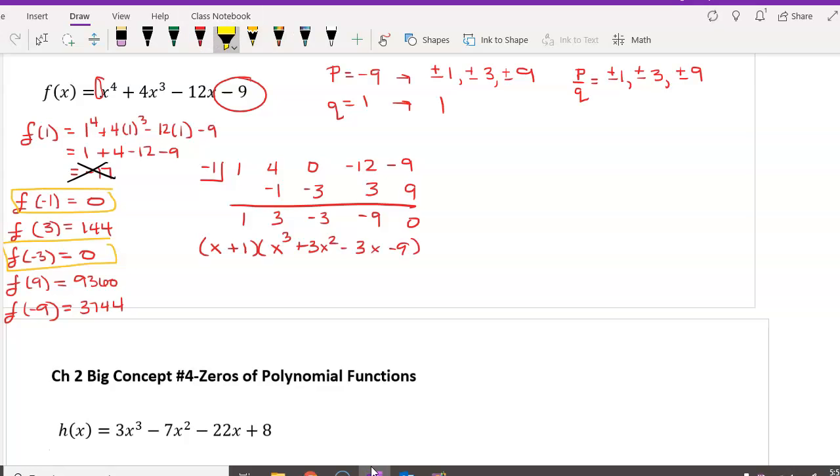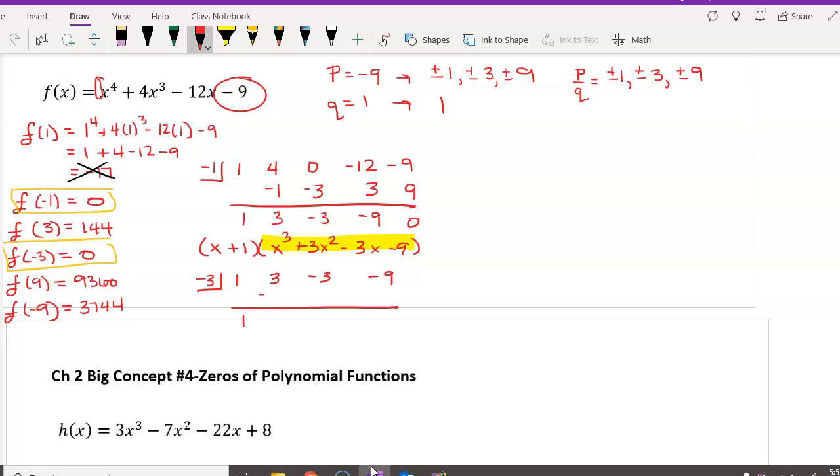I'm going to use that synthetic division again, but this time with my already factored expression of x cubed plus 3x squared minus 3x minus 9, and this time we're going to use it with that negative 3 value. So I have negative 3, and then I have a leading coefficient of 1, 3, negative 3, negative 9, and I'm going to follow that synthetic division once more. I drop the 1.